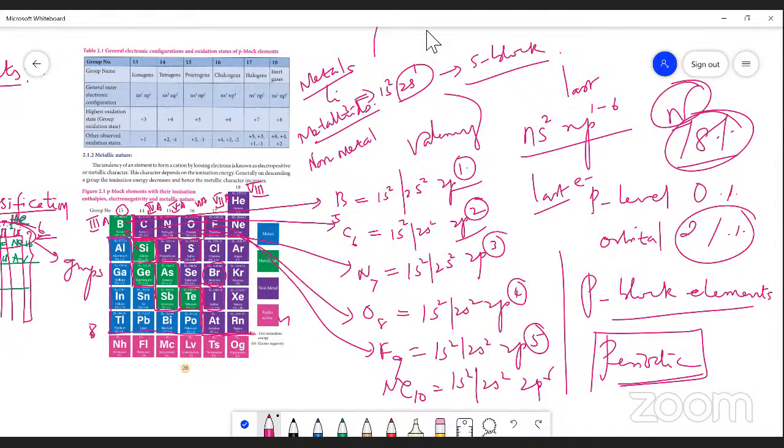Without aluminium, there is no industry, there is no aircraft, there is no aeroplane. Without aluminium, there are no household things. Such a very important element. And you know silicon and germanium play a vital role in electronic devices.